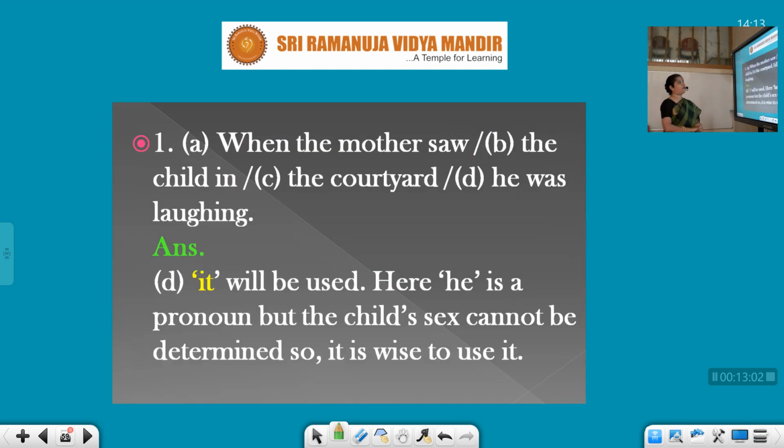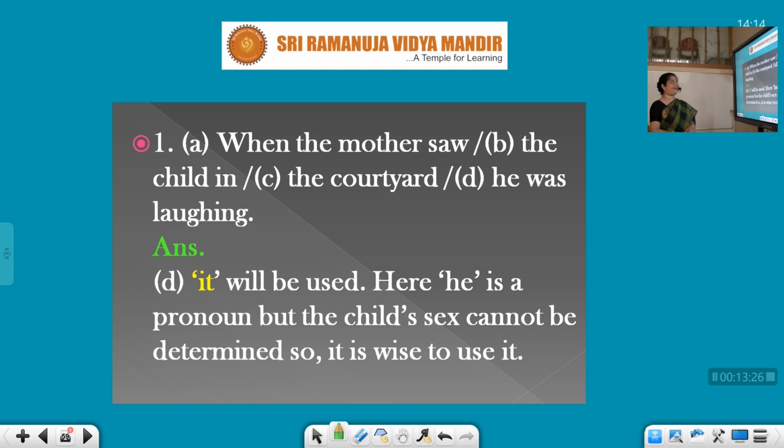Your question number 1. When the mother saw the child in the courtyard, he was laughing. That's the sentence. So please don't break it according to your parts. The parts are only given to you to make you understand easily where the mistake is.